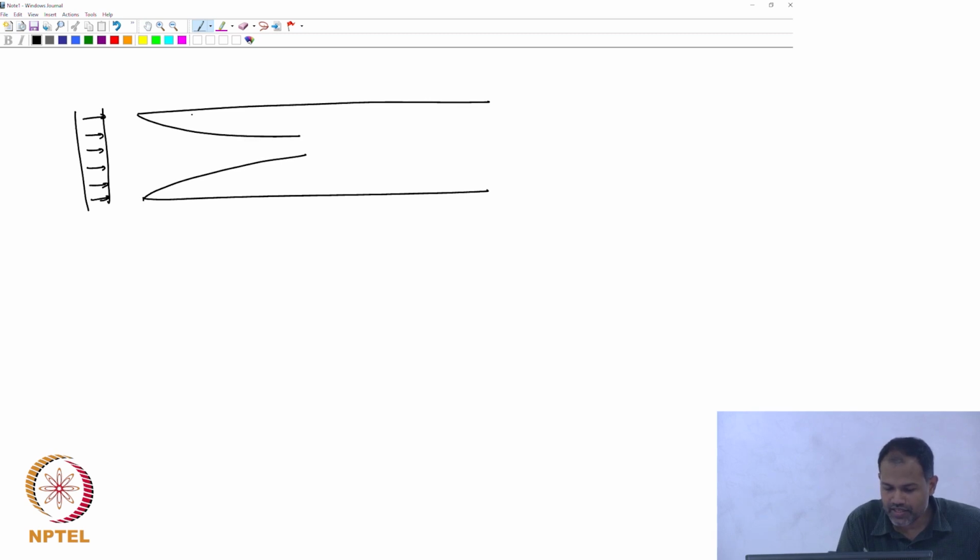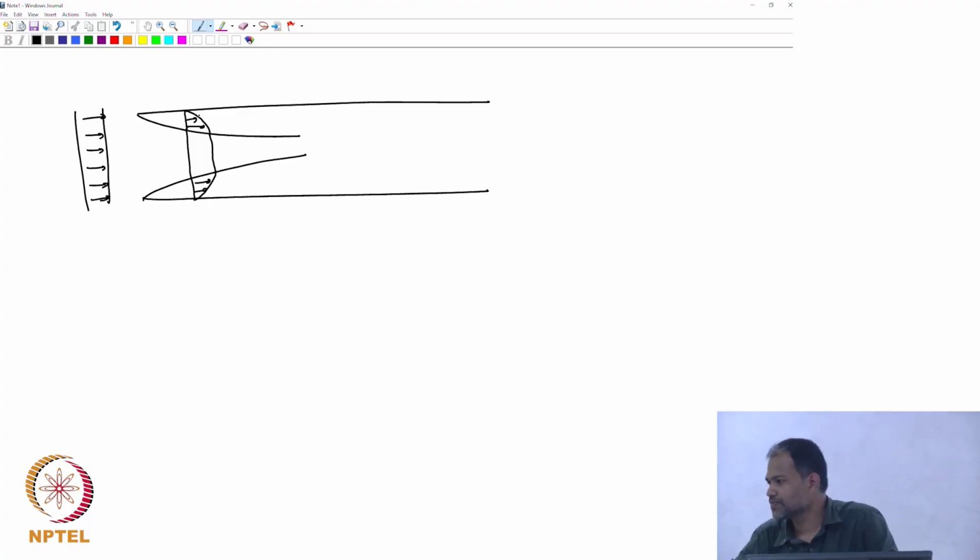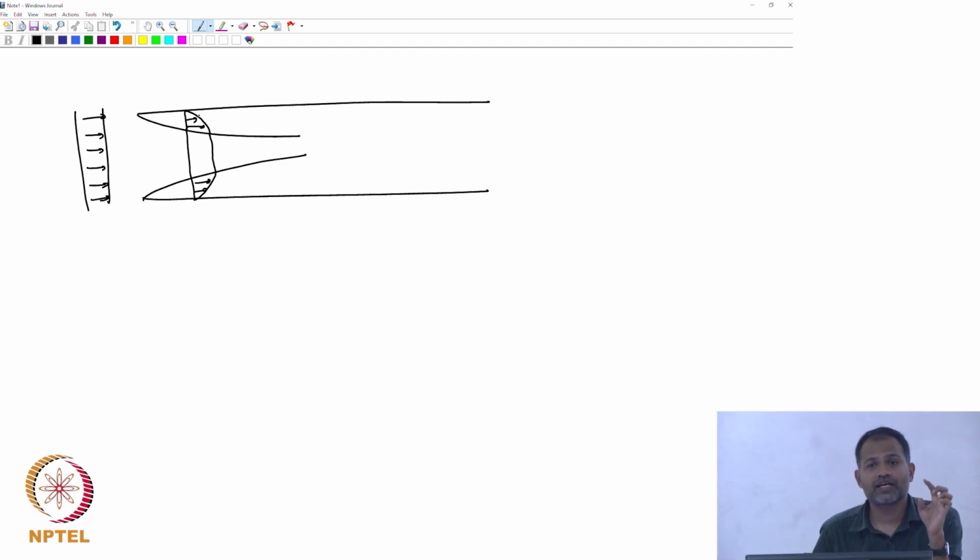Inside this layer the velocity profile is going to be like this. The regions very close to the plates slow down, but in between the fluid is still coming with a uniform velocity. That is really the boundary layer growth.